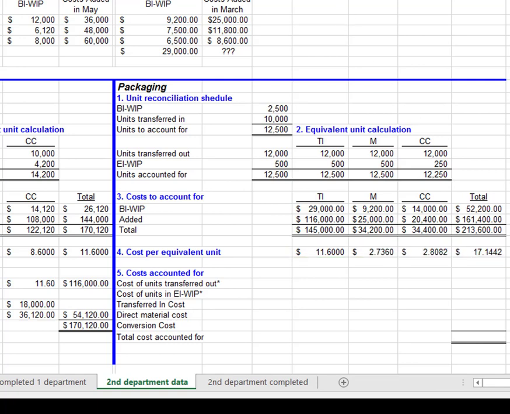Okay. Now, the cost to account for. I've got my units transferred out. Okay, so I've got 12,000 units transferred out, I believe.